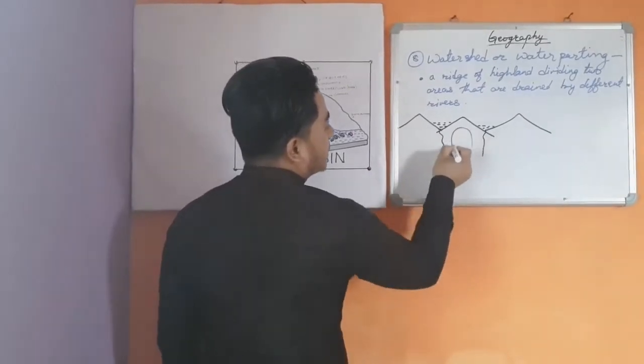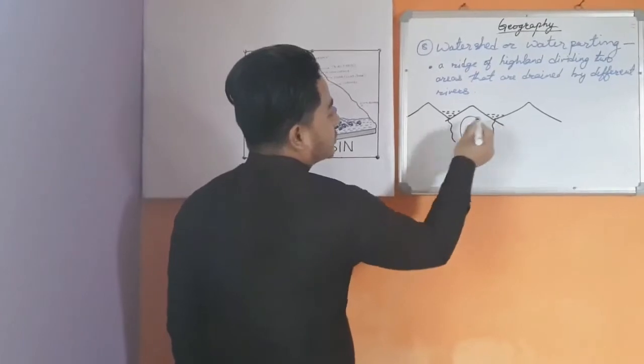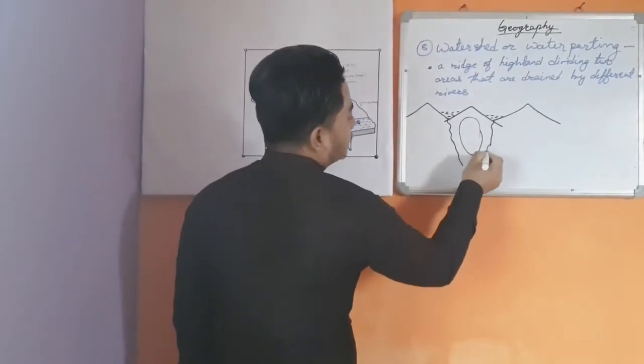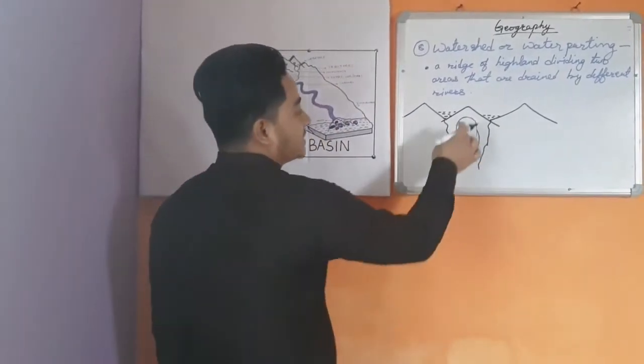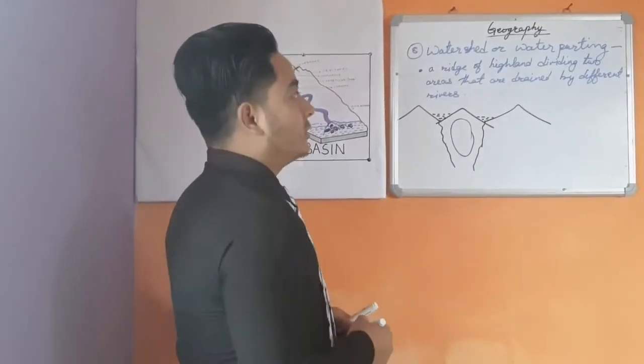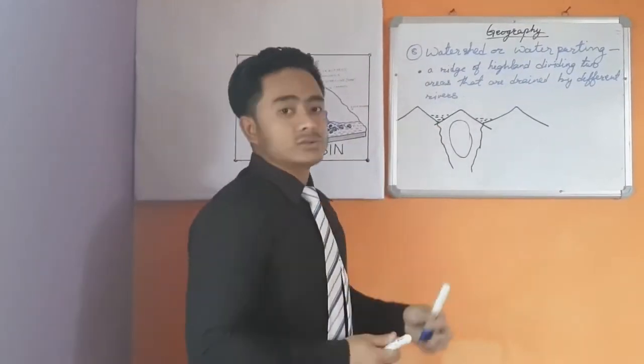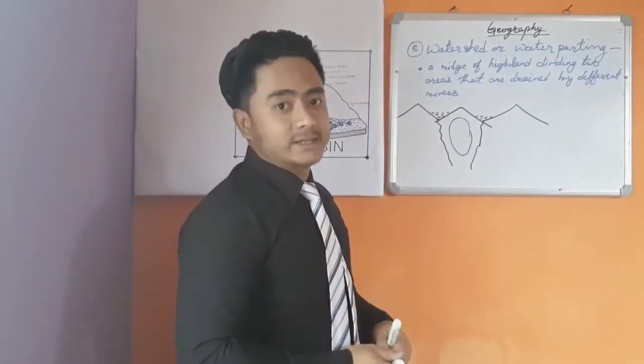This particular land is dividing these two rivers to flow downward. This particular land is called a watershed or water parting, or watershed is also called a water divide.